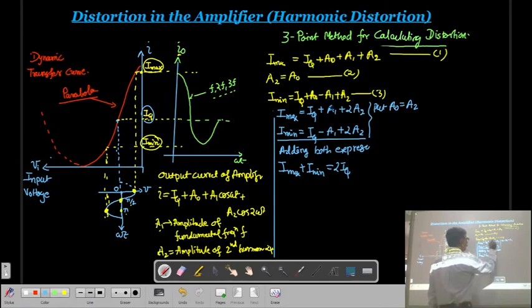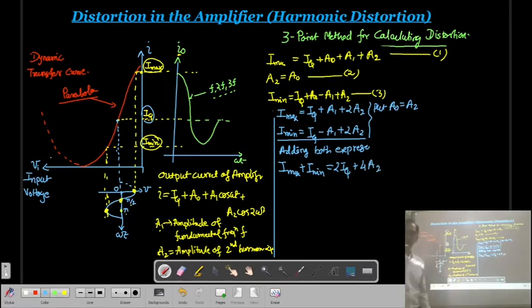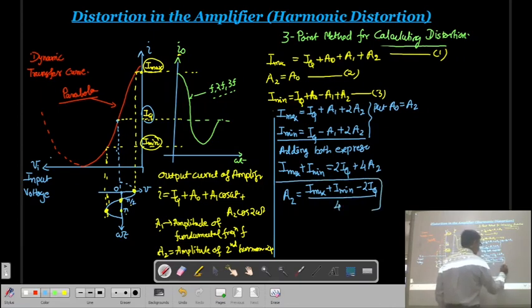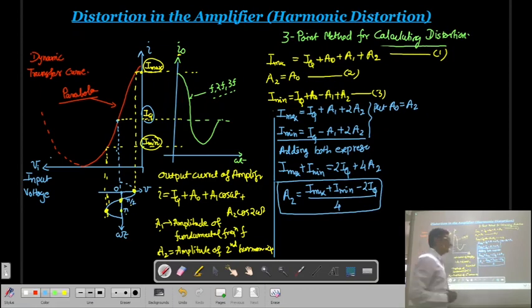Here A1 will be cancelled out, and we have 4A2. Correct? And therefore the amplitude of the second harmonic we can write as I maximum plus I minimum, minus 2IQ, divided by 4. So this is the expression for the second harmonic.